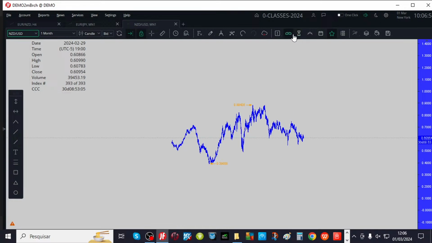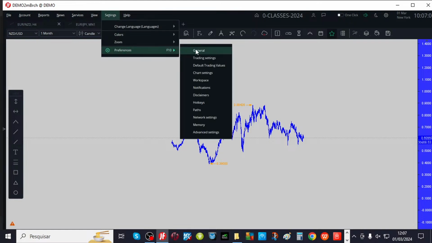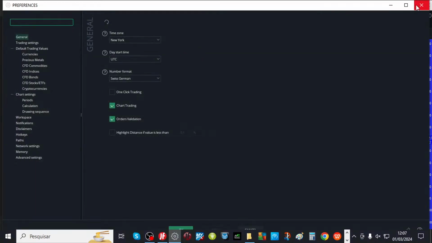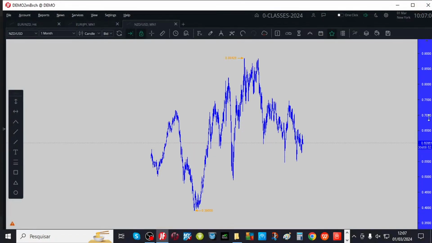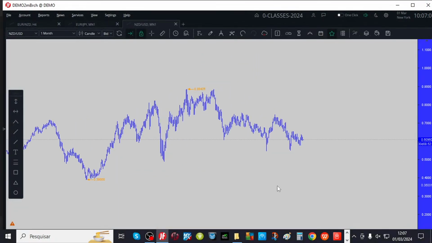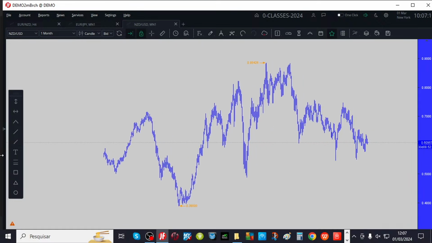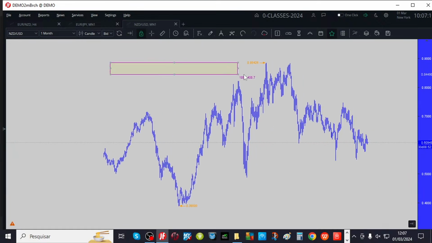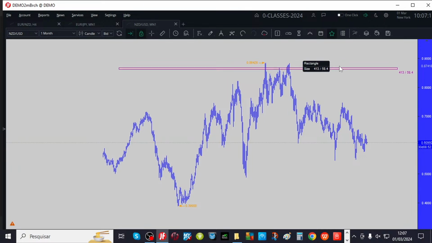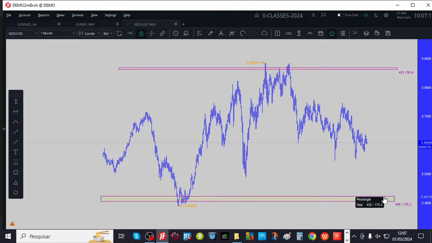There you go. Widget out. Alright everybody, settings, general. Alright, this is all good. Okay everybody, so everything starts from the monthly band, right? We have the upper band somewhere up in here, and we have the lower band somewhere down here, right?